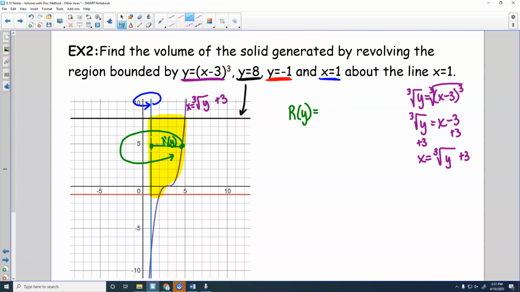If I'm looking at that radius, the right side is hitting that cubic function, which I'm going to call the cube root of y plus 3. And then what's the left side of that line hitting? 1. So if I combine those, I've got the cube root of y plus 2.